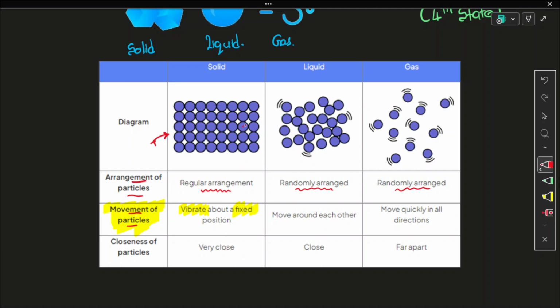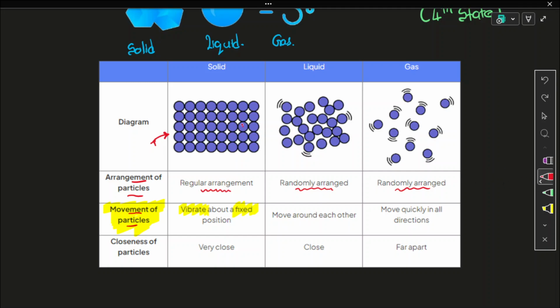Can this guy move anywhere? I don't think so. He's fixed, he's locked in place. So the only form of movement that this guy will show is that he would just vibrate exactly where he is. He's trying to move, but he can't move. So we simply say that the particle vibrates about that fixed position.